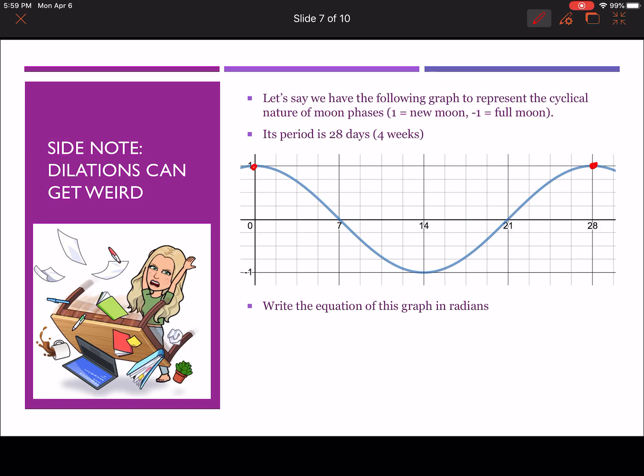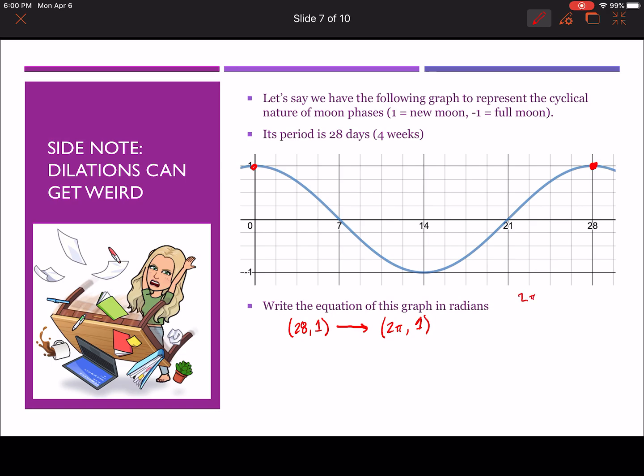Now, if we were trying to write this equation in radians, we have to figure out, well, this point right here that's at 28 comma positive 1 has to jump back to being at 2 pi comma positive 1. Or we need to think about, where is 2 pi?